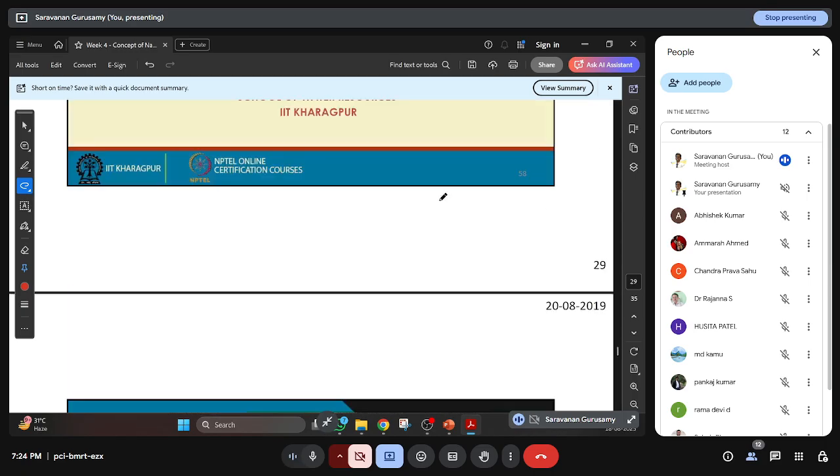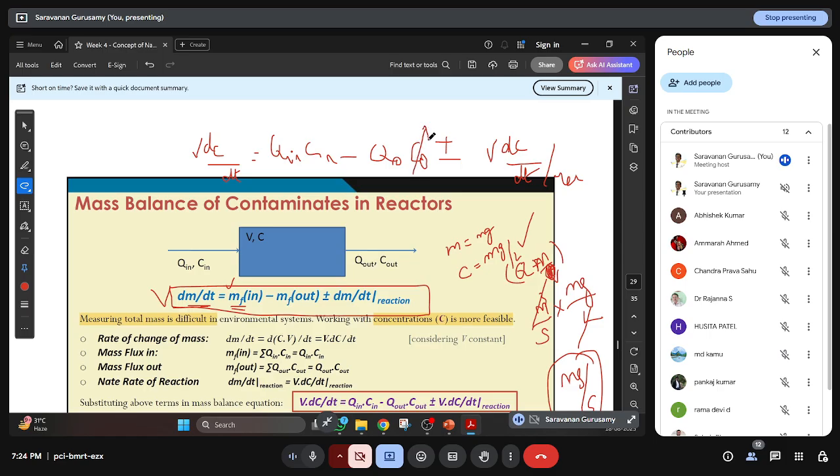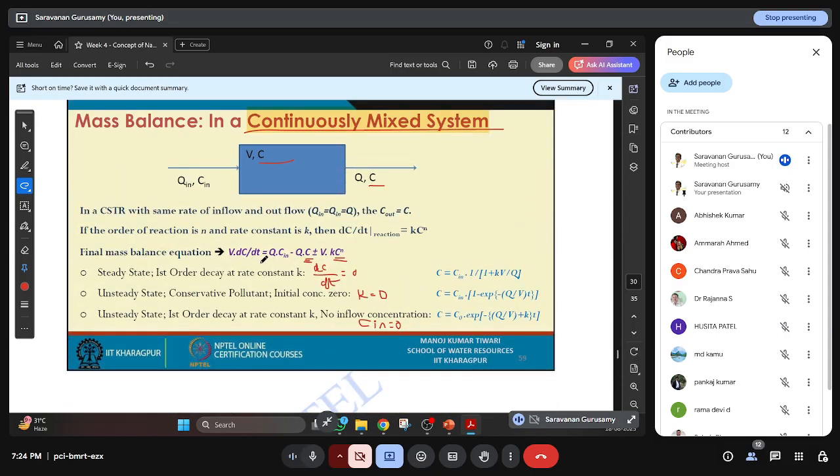V dC by dt is the same formula, and I am taking C out as the same C. So V dC by dt equals Q into C in minus Q into C plus or minus V into K. Why does this become first order? Because it is microbial degradation, so K into C power n. So V into K into C power n is the reaction. I am converting dm by dt to K into C power n. First order means K into C.